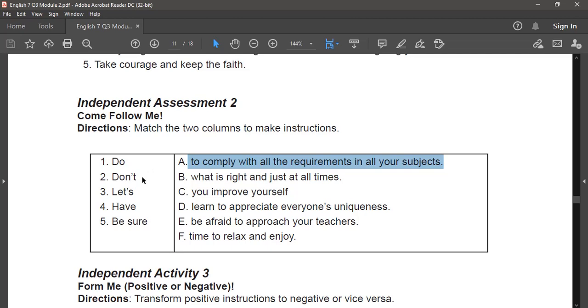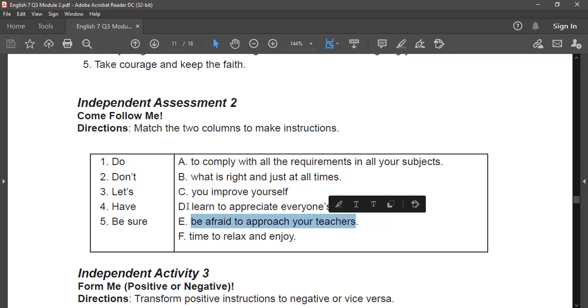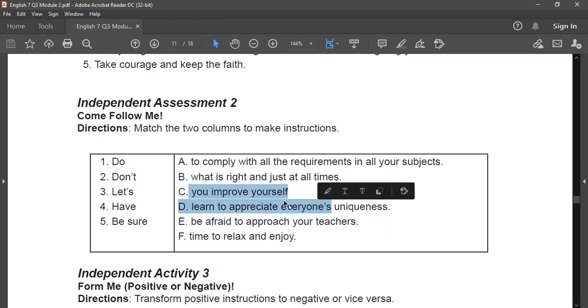Is it don't to comply with all the requirements? Is it let's to comply? Is it have to comply? Or is it be sure to comply? Okay, so try to analyze and choose the correct word to complete the given sentences.